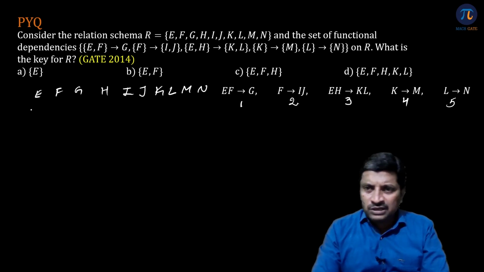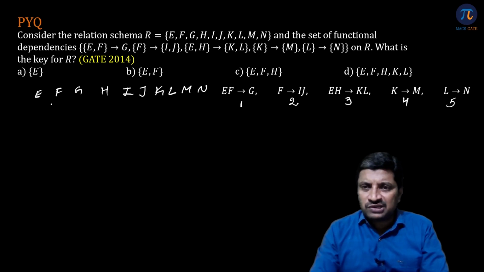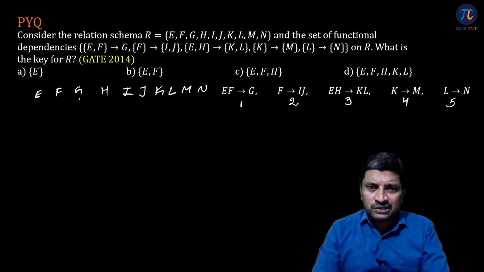Now E is not present on the right side of any functional dependency. F is also not present on the right side of any functional dependency. G is present on the right side of 1. H is not present anywhere.